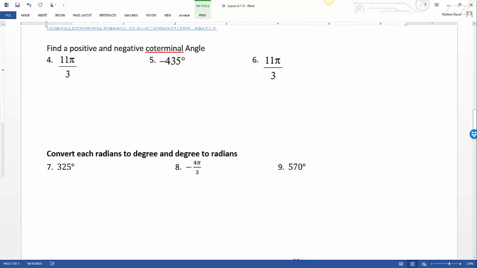So next one, it says find a positive and negative coterminal angle. And so 11 pi thirds. So that means I need to add 2 pi or subtract 2 pi. And I might have to keep adding or subtracting 2 pi to make sure I get something that's either positive or negative.